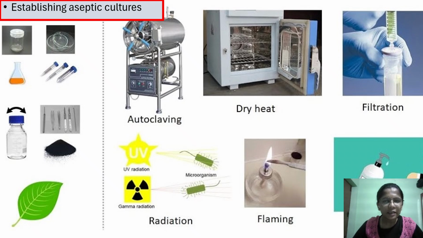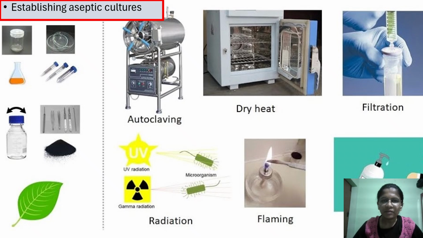These are the various equipments we can use, starting from the media and the petri plates we are using, which should be sterilized properly, and even other equipments along with forceps, even charcoal and other things, should be sterilized before usage. And other equipments like autoclaving, how to do the wet sterilization and also dry sterilization.